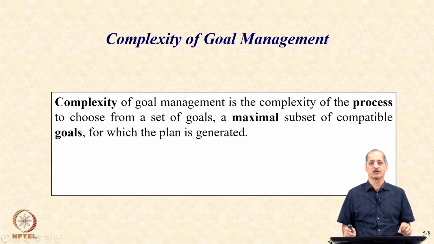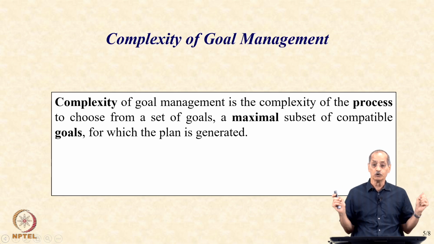Next, let us look at the complexity of goal management. The complexity of goal management is the complexity of the process to choose from a set of goals a maximal subset of compatible goals for which the plan is to be generated, which means among the various goals which will have different levels of acceptability, the probability, the quality, the utility, so many things are going to be there.